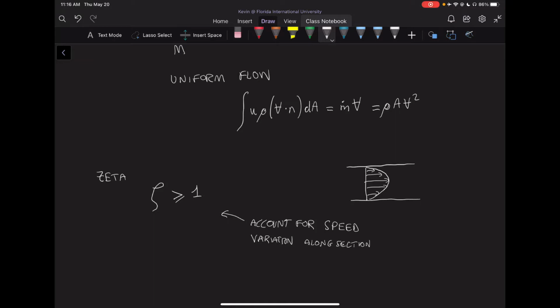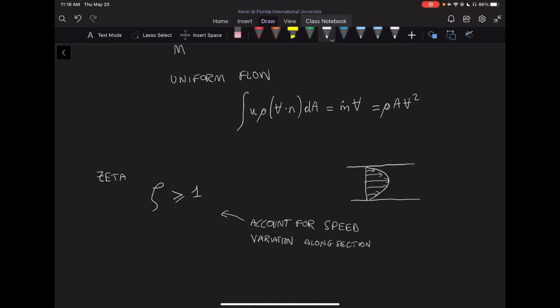So it's essentially a correction factor that we're going to use to account for the variation. And then experimentally, we can figure out what this value would be using typical duct experiments and figuring out how we can solve for the velocity and go from there, essentially.